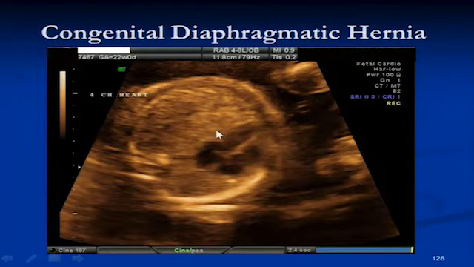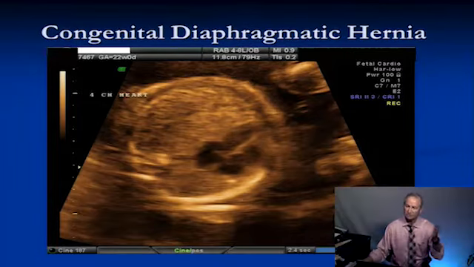And does this echogenicity look like this or different? This is nice and smooth and homogeneous. This is heterogeneous. So what is this here in the chest? Bowel. So we know the diagnosis is diaphragmatic hernia now.